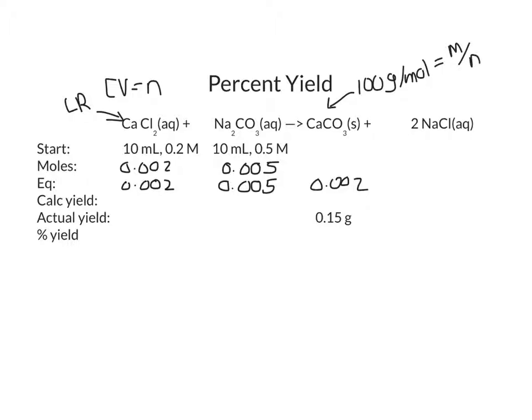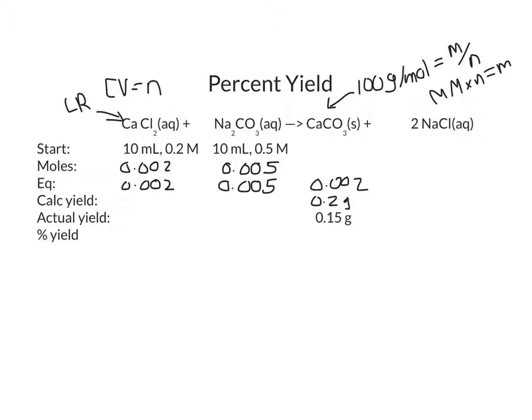And so the mass is the molar mass times the number of moles, which will give me the mass of calcium carbonate that I would be able to make. So if it's 100 grams per mole and I've made 0.002 moles, I take 100 times 0.002. It's equivalent to moving the decimal place 2 places. And so I should be able to make 0.2 grams of the calcium carbonate.